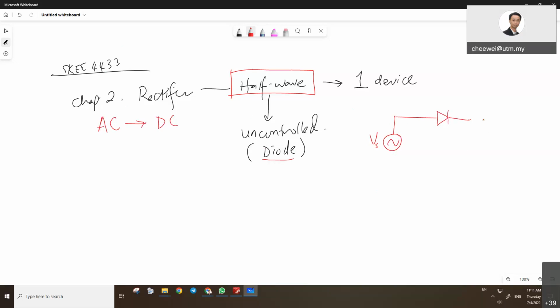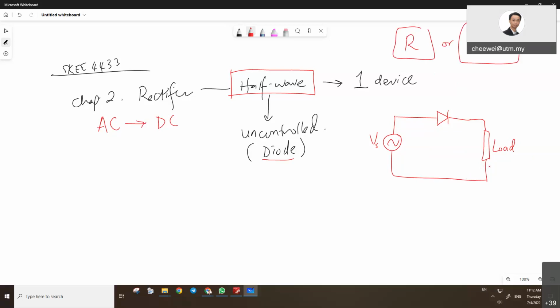And then we have the load. In this case, I will draw a box of load, because load or the consumption could be R load or RL load. RL means combination of R and inductor.